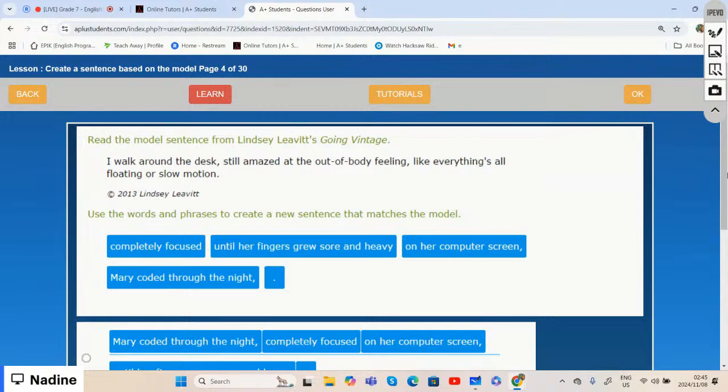And then once we've done that, we're going to use the words and phrases to create a new sentence that matches the model.